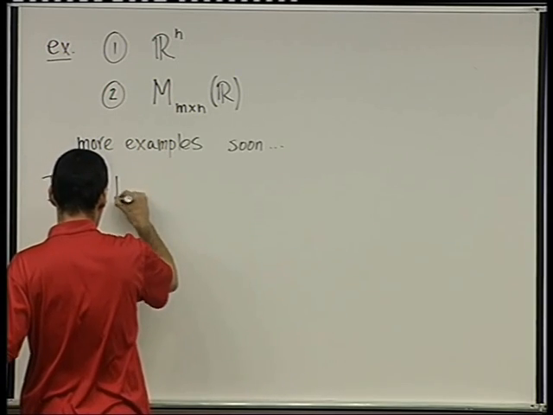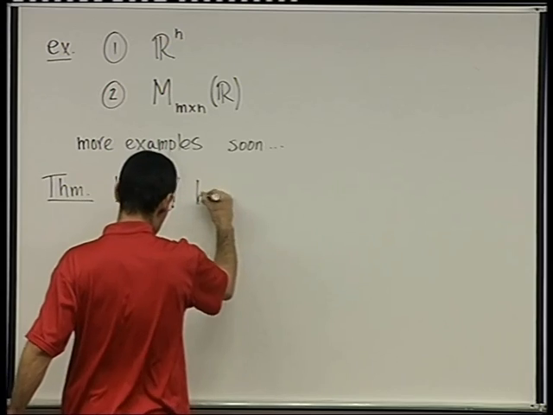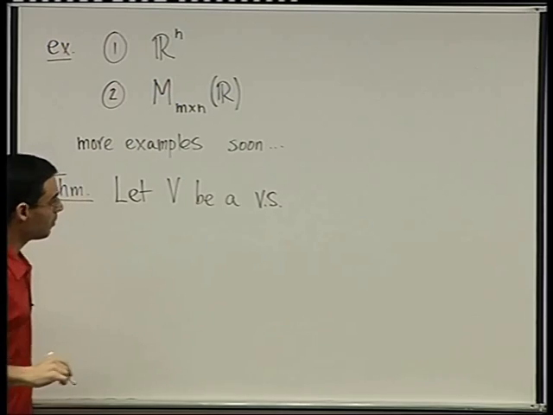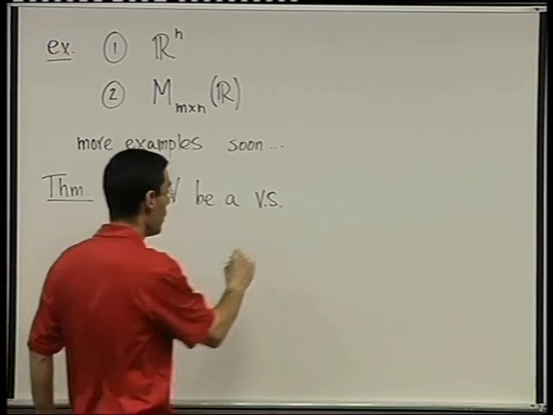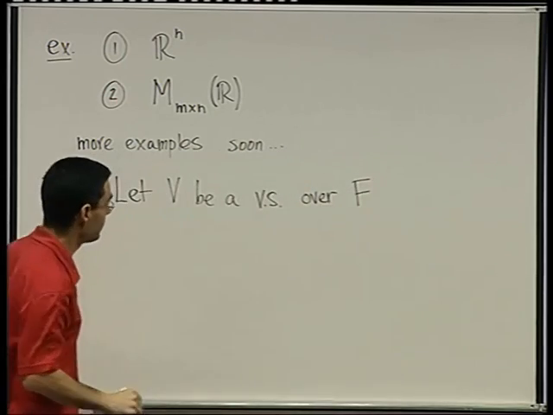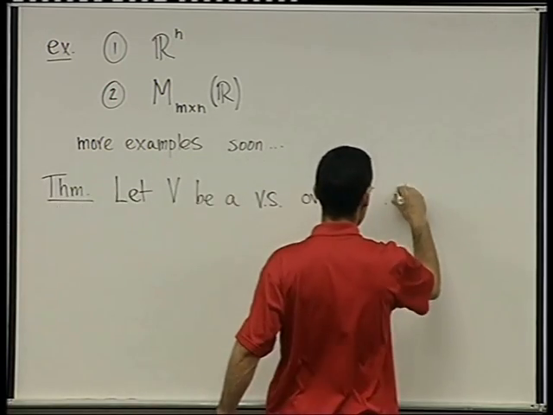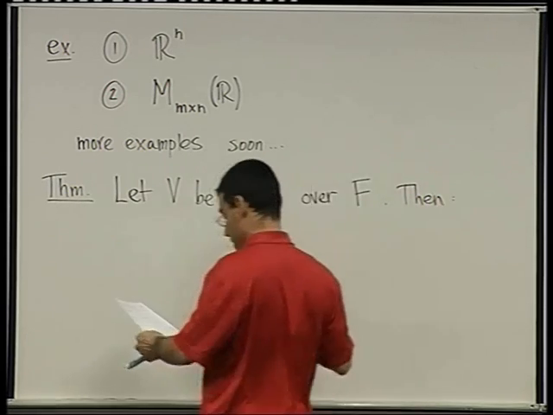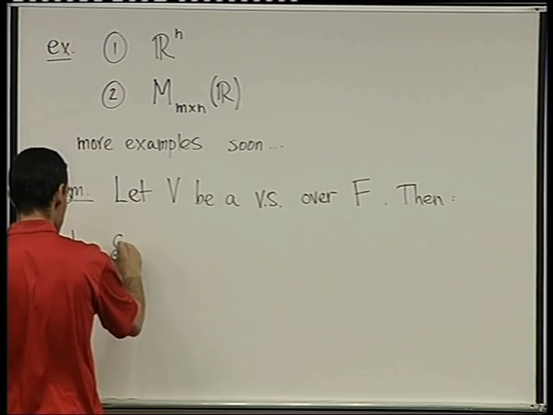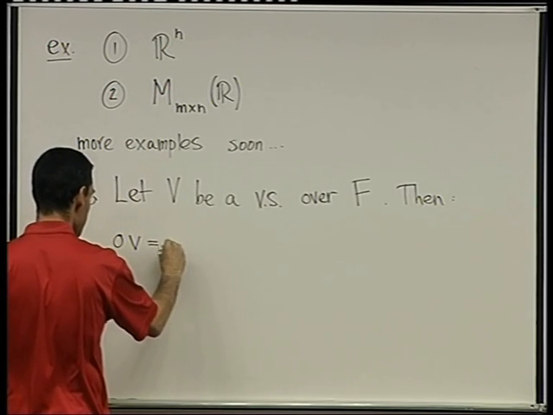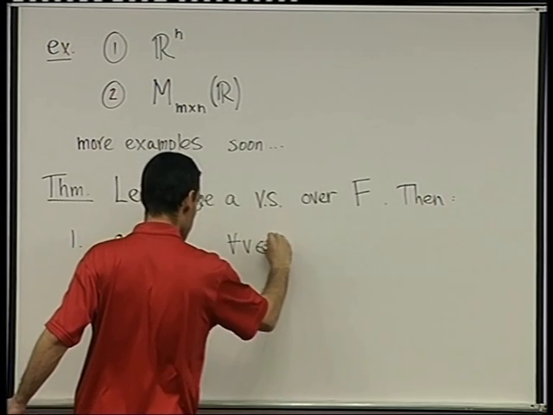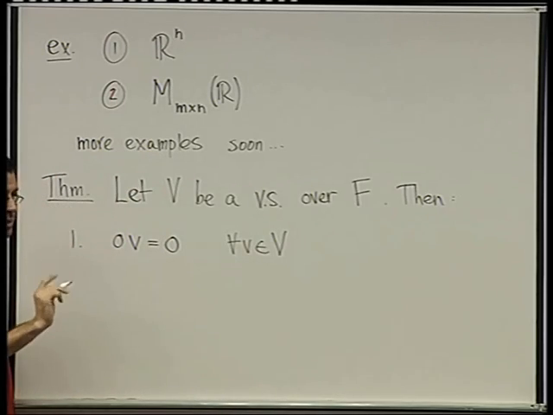So let V be a vector space, let's abbreviate vector space like this, over, and I have to mention what the field is, so the field is going to be F. Then, the first property is going to be that 0 times V is 0 for every V in V. Now there's something tricky here.